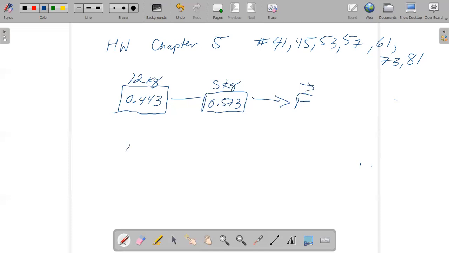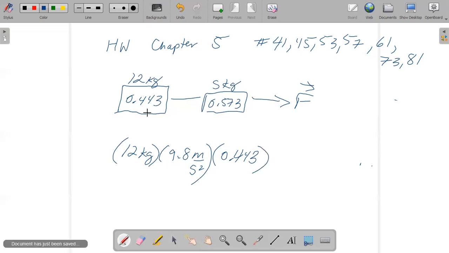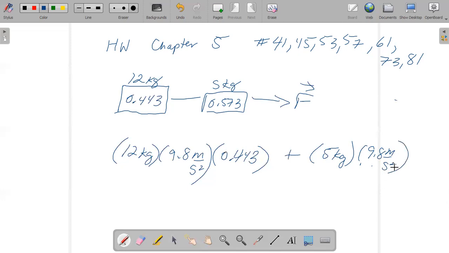So let's do 12 kgs times 9.8 meters per second squared times 0.443. That is for this crate, plus 5 kgs times 9.8 meters per second squared times 0.573.